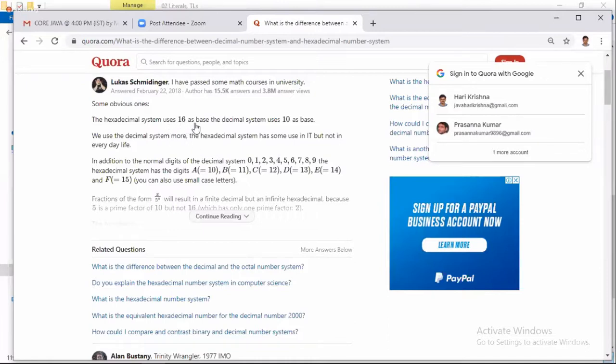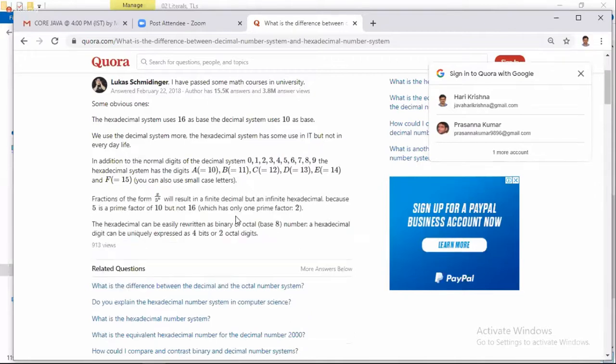The hexadecimal system uses 16 as a base. The decimal system uses 10 as a base. We use the decimal system more. The hexadecimal system has some use, but not in everyday life. Okay, now look at the decimal system. Also there the word appears. So the fractional portion can also be called a decimal.